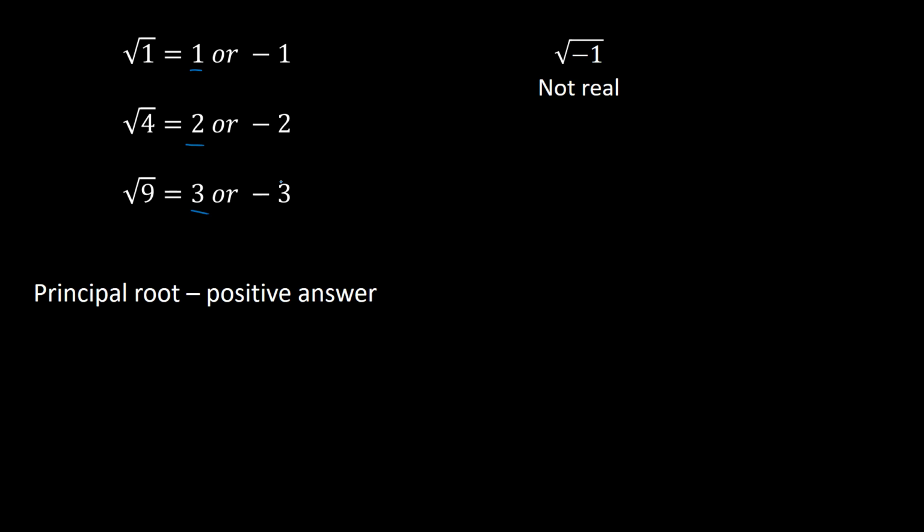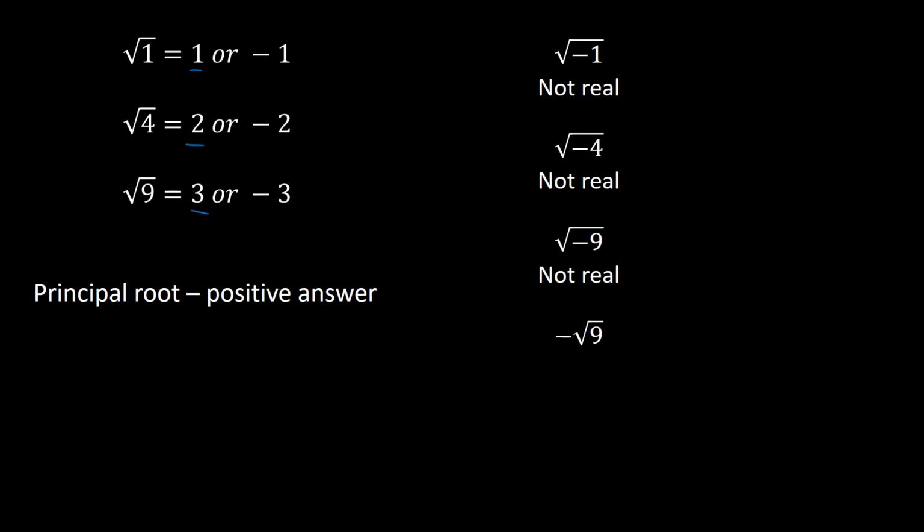Or another term we'll discuss later, we can name this an imaginary number, because there's nothing that will give me a -1 when I take the square root. Square root of -4 would also be not real, because there's nothing squared that will give you a -4. And also the square root of -9 would still not be real, because there's nothing squared that can give me a -9.